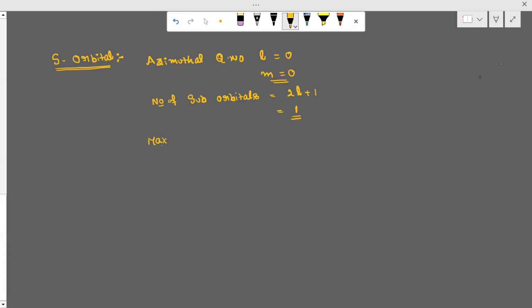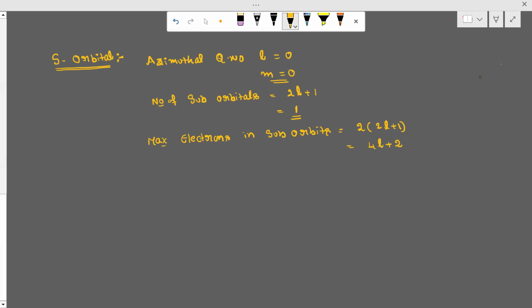Maximum electrons in suborbitals is equal to 2 into (2L plus 1), or 4L plus 2.